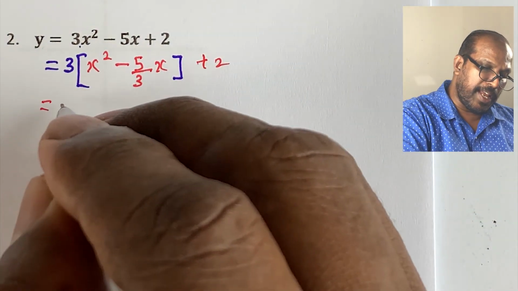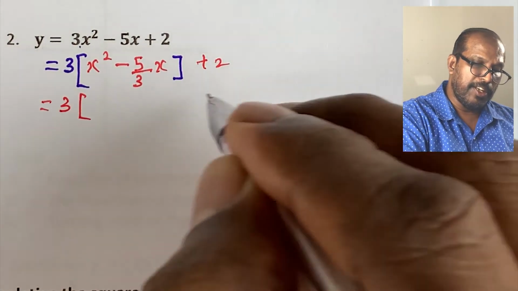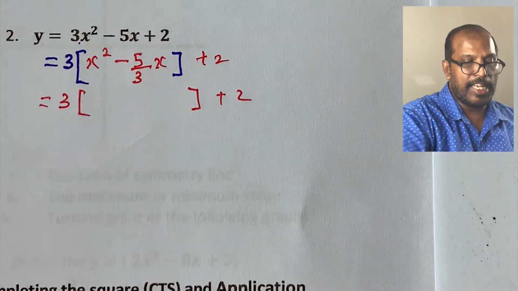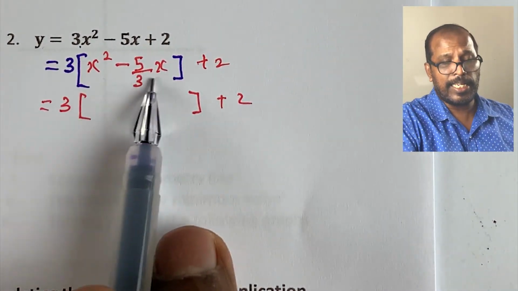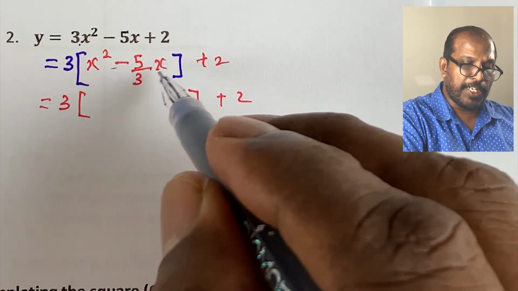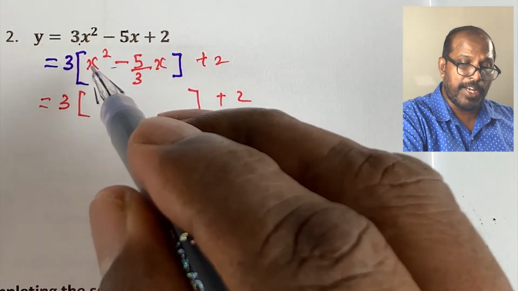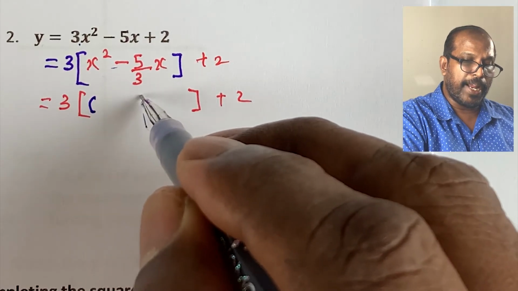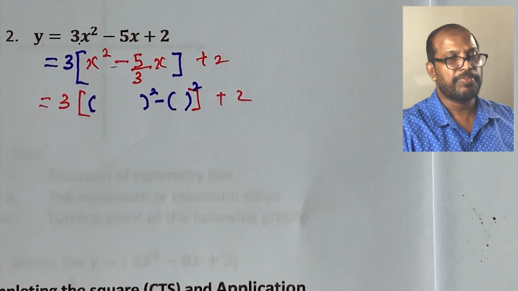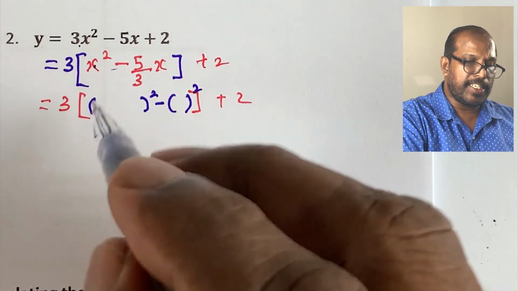Next step, the 3 is here, open bracket, close bracket, plus 2. Since the inner part is in the form of completing the square with the coefficient of 1, I'm applying the bracket square minus bracket square method. Therefore, here is x, here is x.